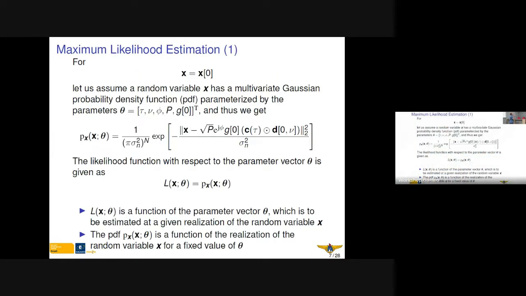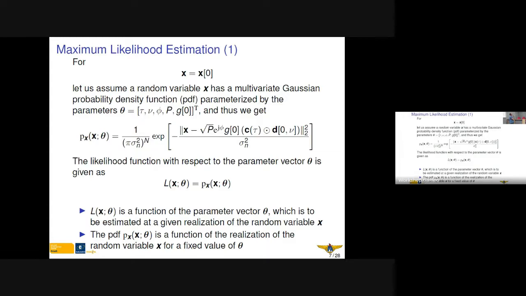Yeah, again, as for only considering the time delay, we will only consider one period. So we will define now that the vector x is x at the period 0. And we assume again that x is a random variable with a multivariate Gaussian probability density function, and this function is parameterized by the parameters theta.